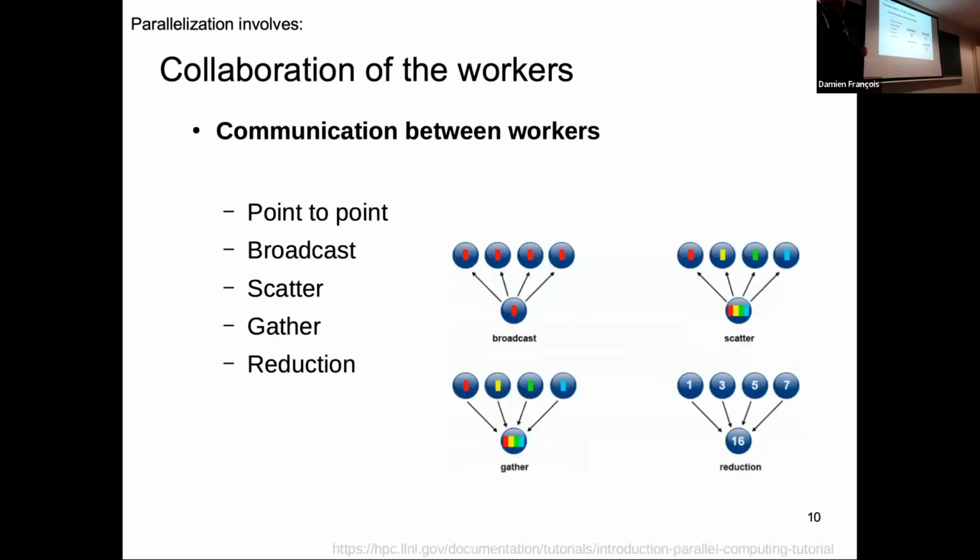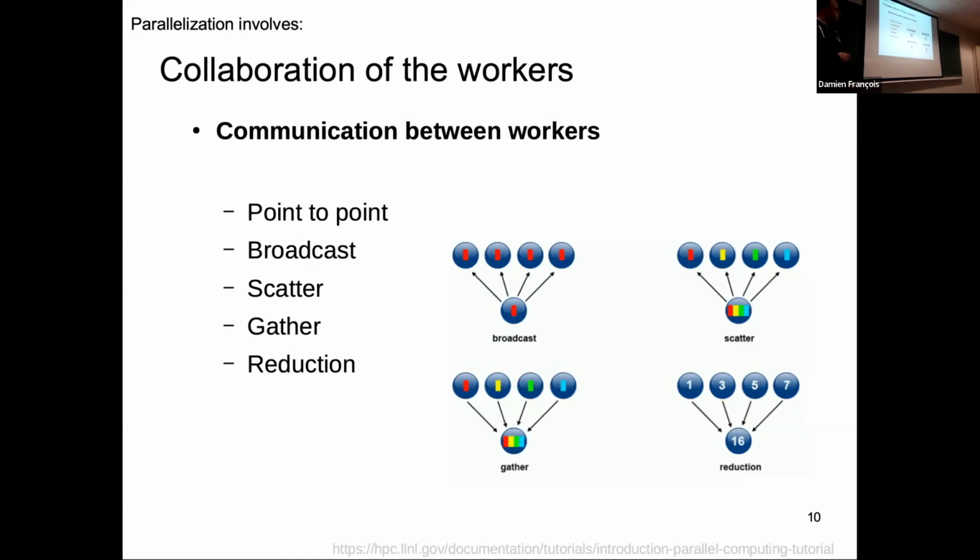Talking about exchanging data, there are multiple patterns that can arise. Point-to-point refers to one worker giving data to another worker, but you see that there are collective operations as well that you would see mostly in the MPI section, where you can broadcast from one worker to the others.